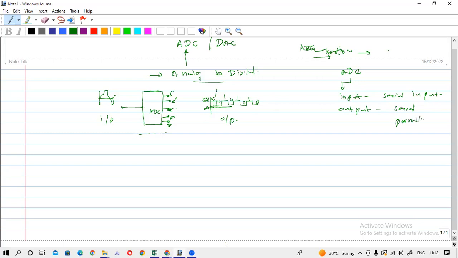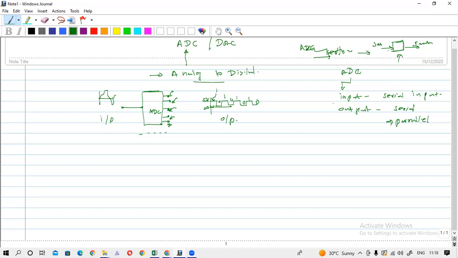The intermediate step is normally parallel, but you can convert it to serial also. Most probably I have seen serial to serial ADCs, where the input is serial and the output is also serial. I have dealt with this kind of serial ADC, but I haven't worked with a parallel ADC yet, though a parallel ADC may also exist.